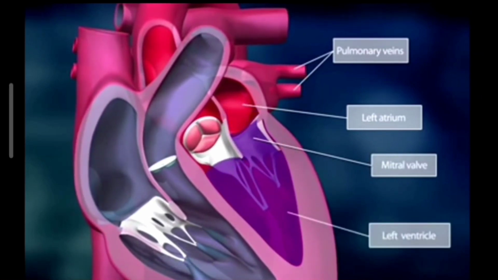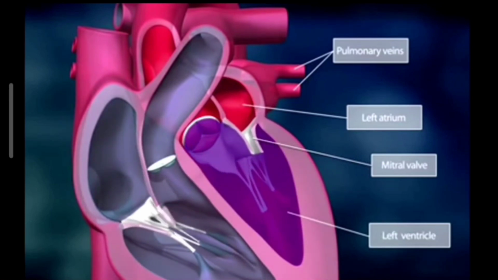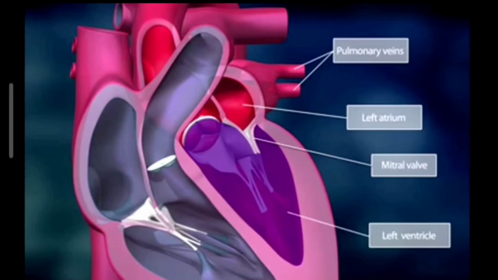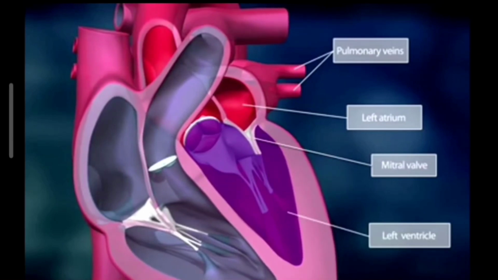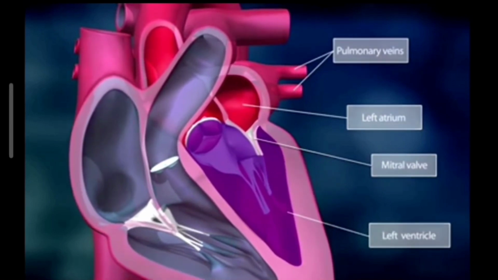And then, the continuous pumping or contraction of the ventricular muscle allows the aortic valve to open, and lets the mitral valve close. Okay? So there, once the aortic valve opens, the blood flows upward.